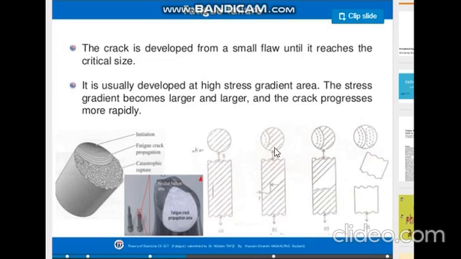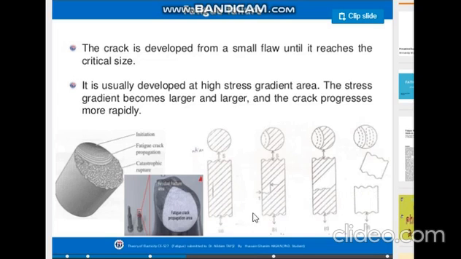This was the solid intact material, and this was the crack. Because of cyclic loading, it keeps opening its mouth, closing, opening, closing. The crack propagates further inside, and finally it breaks into two.